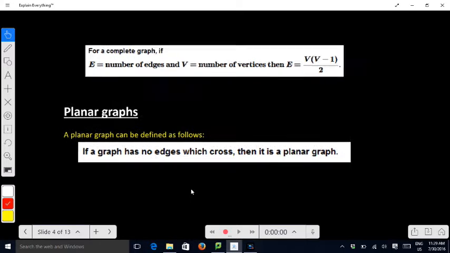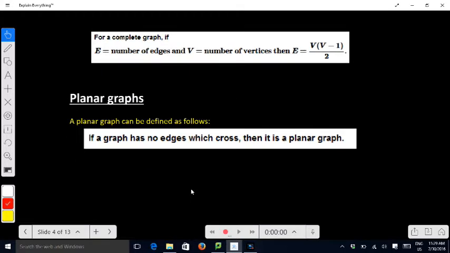So E, if it was a complete graph, we had 5 vertices, 5 vertices take 1 over 2. So 5 take 1 is 4. 5 times 4 is 20. 20 divided by 2 equals 10.